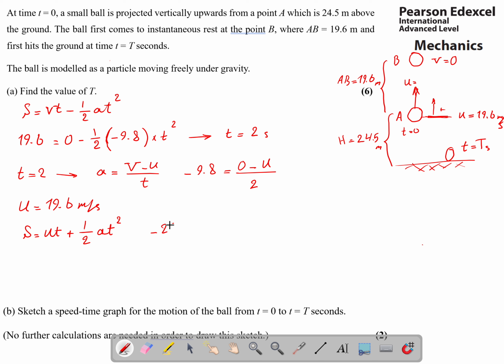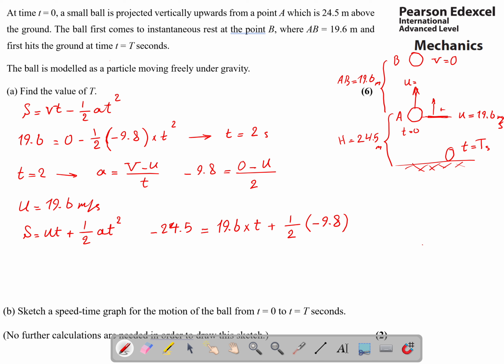So I write minus 24.5 equals u, our initial velocity 19.6, multiplied by time, plus 1 over 2 a. Again, we projected it upward with initial velocity upward, so our acceleration is negative.